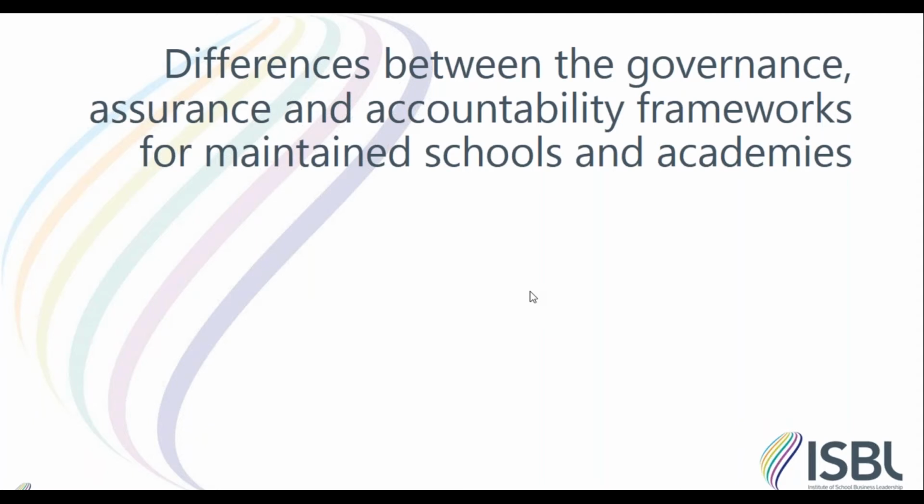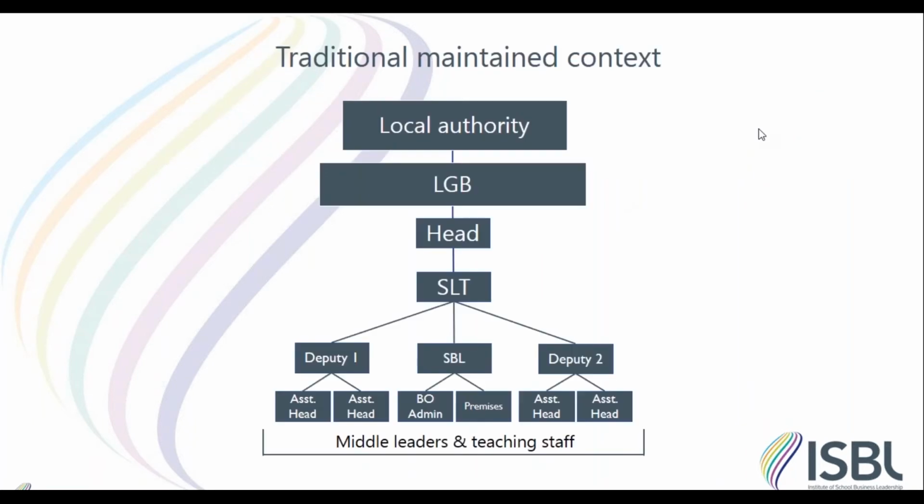It is a mixed economy, and in some respects, that means there is a very diverse approach to the way that we deliver education, but also different approaches to the way that we govern and ensure rigorous accountability.